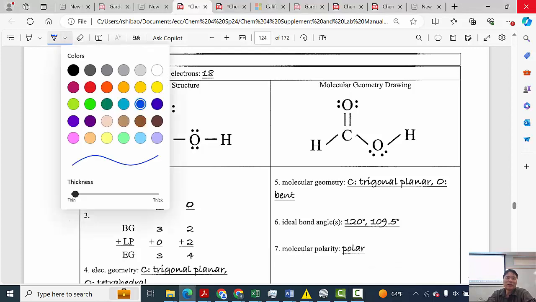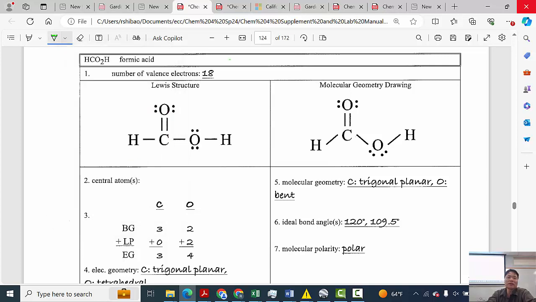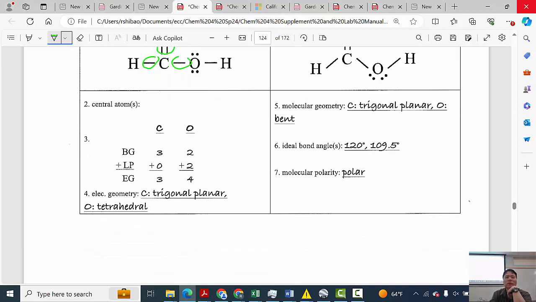So how many groups of electrons around this carbon here? 3. Double bond and 2 single bonds. And so what type of electron group geometry does this adopt? Yeah, trigonal planar. And so we look at the carbon here, and that's what they're doing.